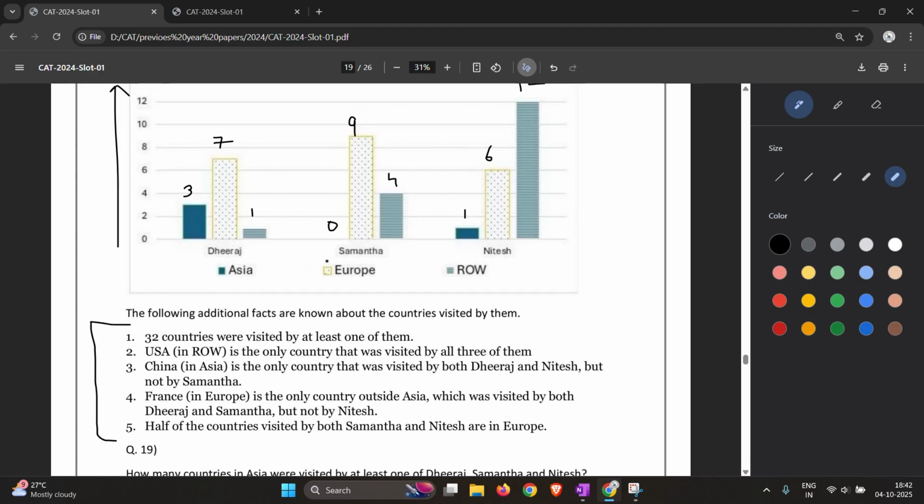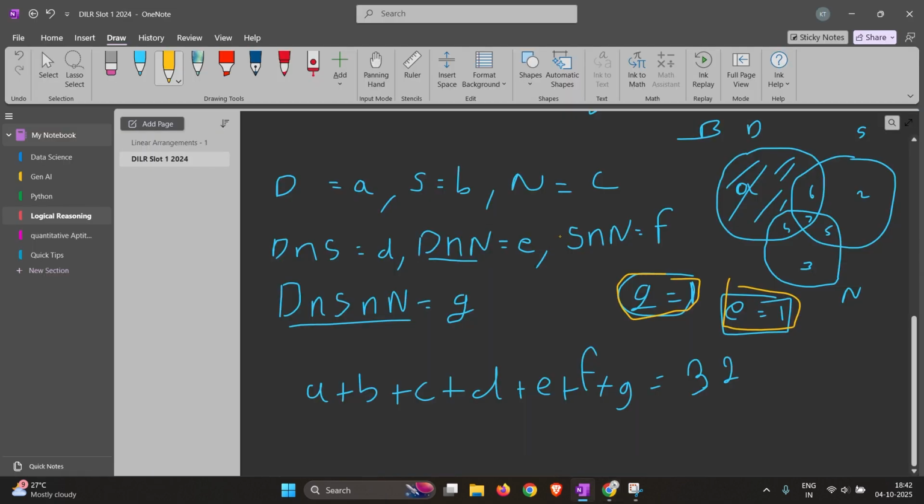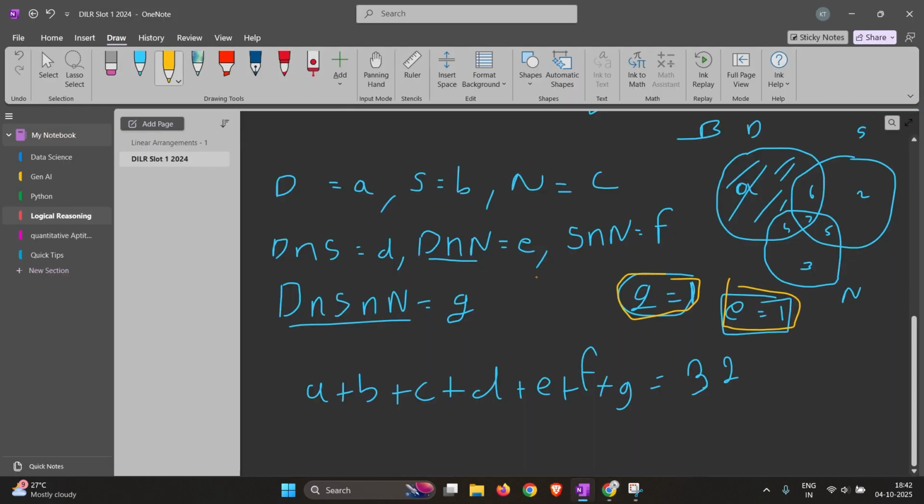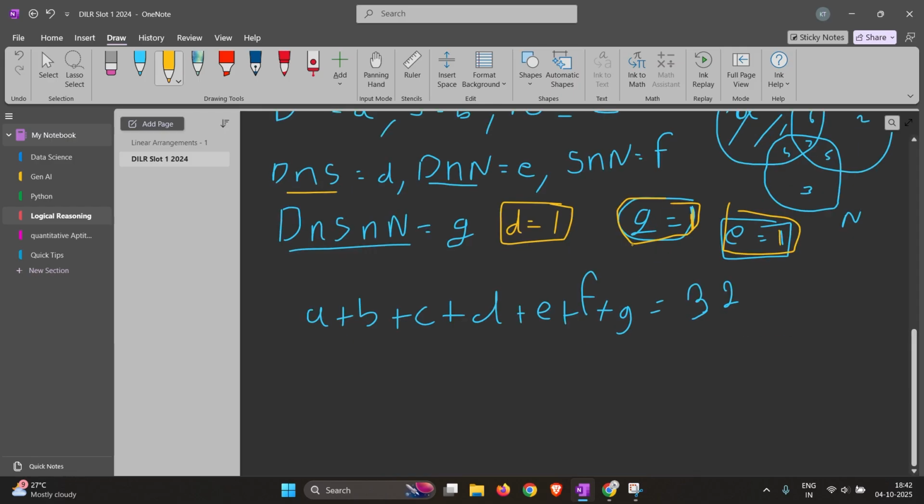But the thing in this chart is, as you can see, there were no Asian visits from Samantha. We can go ahead and say that the intersection for Dheeraj and Samantha, which is D, is also equal to 1.